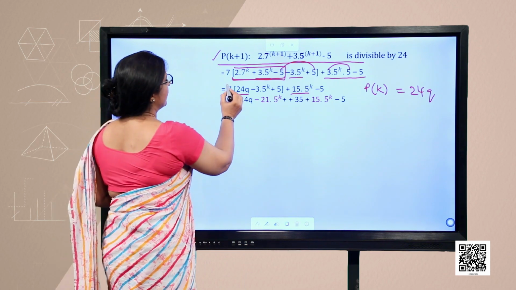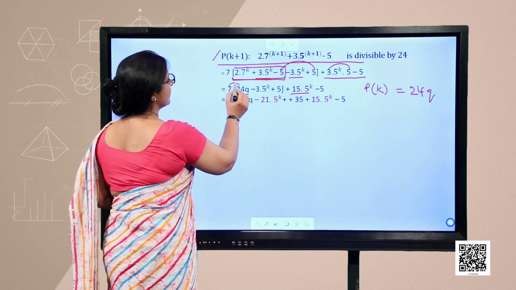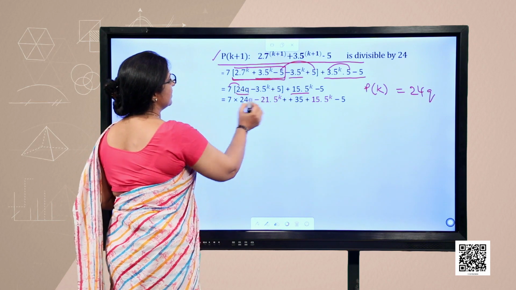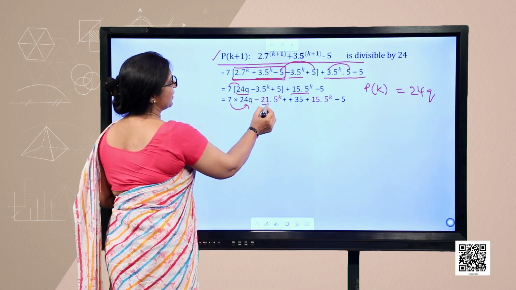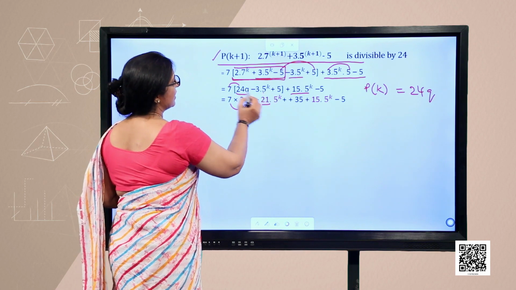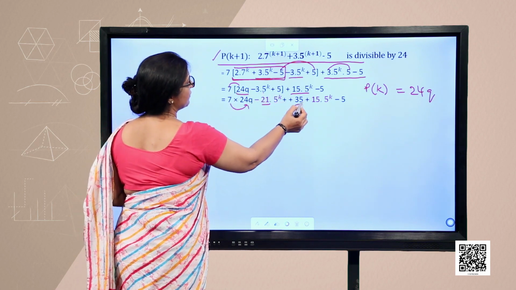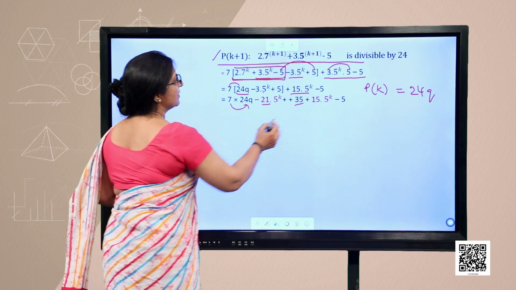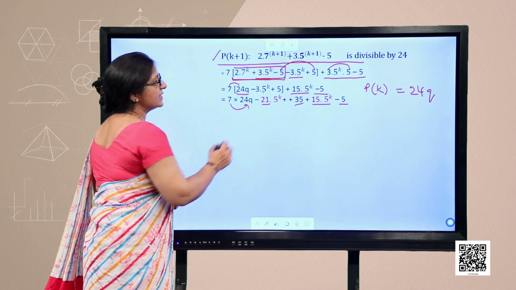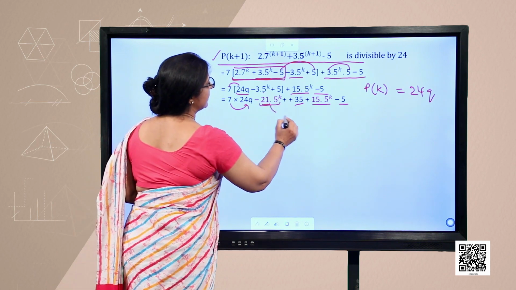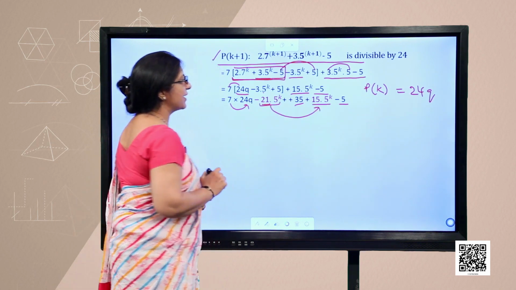Now, we need to multiply this 7 with this entire bracket one by one: 7 into 24q, 7 into 3, 21, 5 power k, 7 into 5, 35, and the rest of the terms as they are. Now, these highlighted terms, why have we highlighted them?